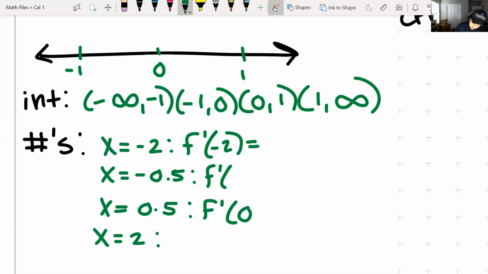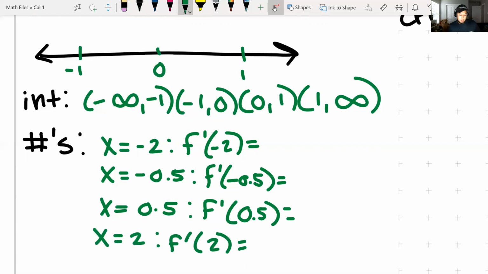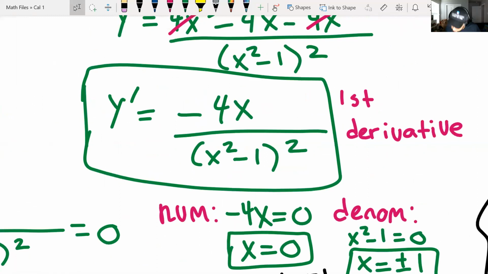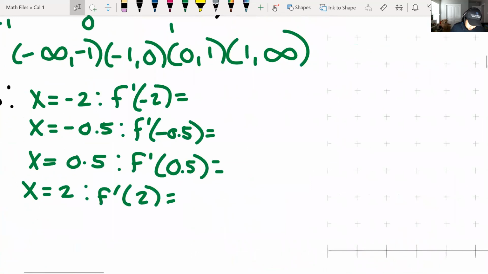Don't mess up a sign or you'll be ruined. Okay, I'm gonna plug my derivative into my calculator, make this a lot easier. -4x over x squared minus 1 squared. Then go back here.